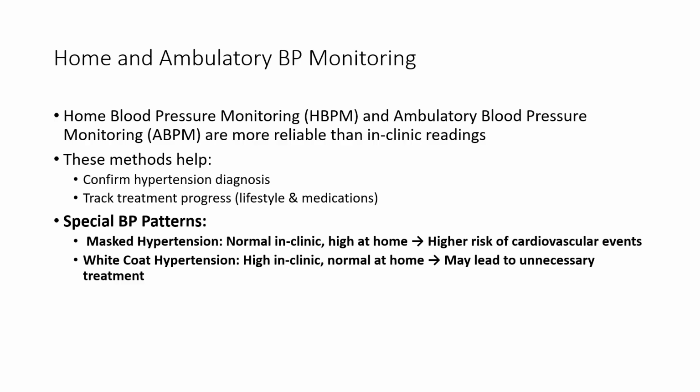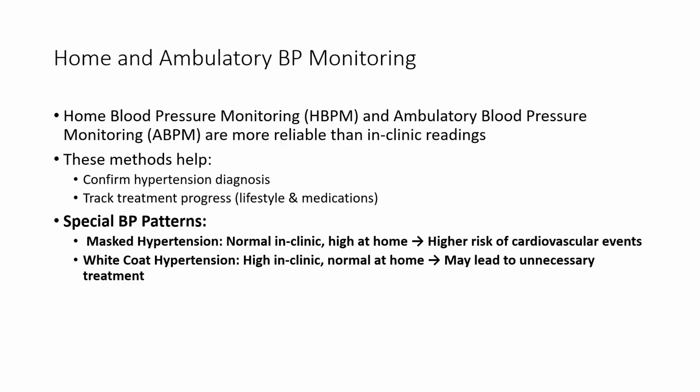This can cause an increased risk for cardiovascular events, and that's because oftentimes if they have high blood pressures at home and they're normal in clinic, we're not catching those pressures. Oftentimes a person is not going to be checking their blood pressure at home unless they're instructed to. They're not going to be instructed to if it's always normal in clinic, so they're not getting that high blood pressure treated.